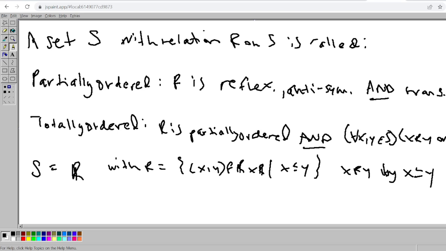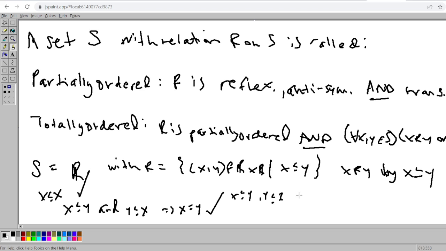This is a total order. x is less than or equal to x by definition, so that is reflexive. We have that x is less than or equal to y and y is less than or equal to x, which implies x equals y, which is anti-symmetry. We have our transitivity: if x is less than or equal to y and y is less than or equal to z, we imply that x is less than or equal to z. And then comparability: for every pair of numbers, x is less than or equal to y, or y is less than or equal to x. So that is a total order.